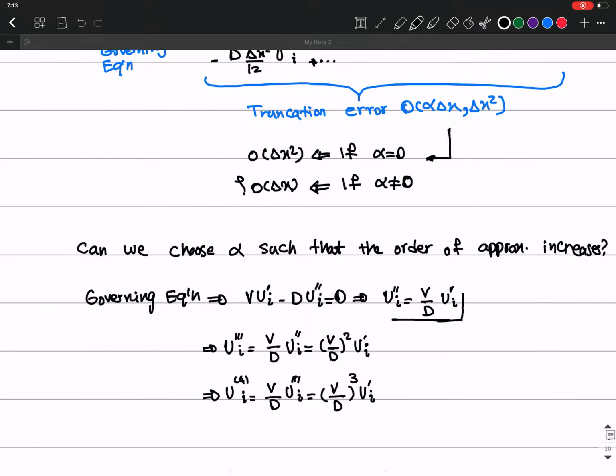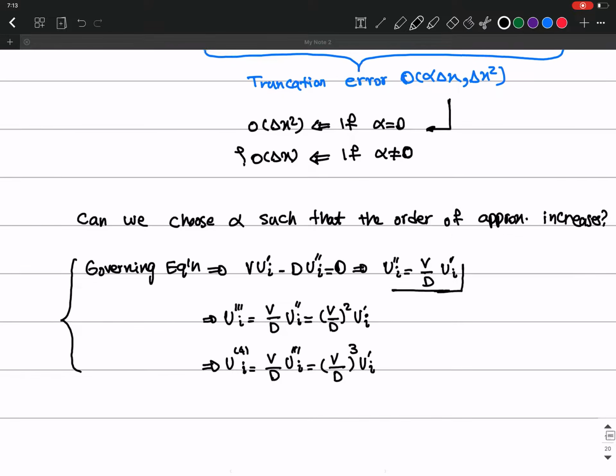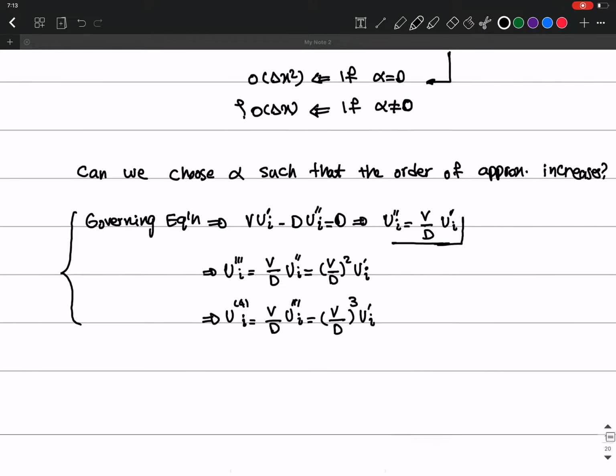So I can represent all the higher order derivatives in terms of the first derivative and the constant v over d. This is what we get from the governing equation.